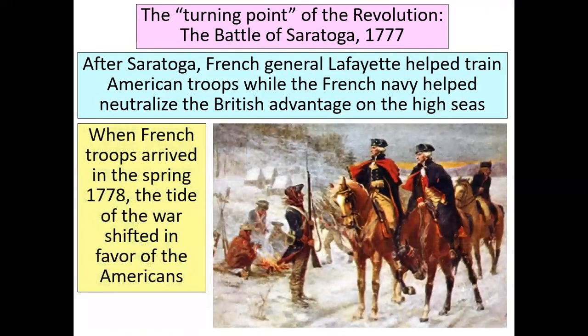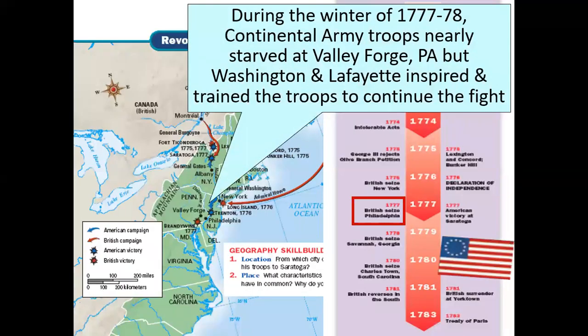Now, by spring 1778, the tide of war has fully shifted, and the Americans are on track to win, essentially. But that winter, 1777 to 78, the Continental Army almost starves to death at Valley Forge, Pennsylvania.